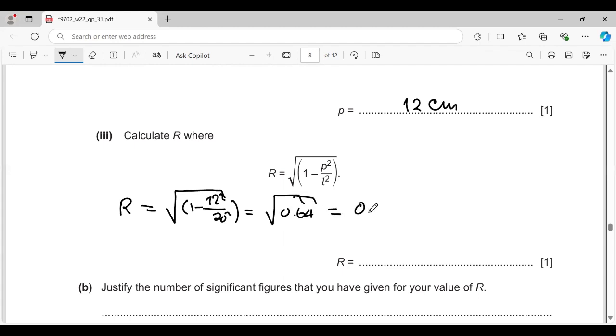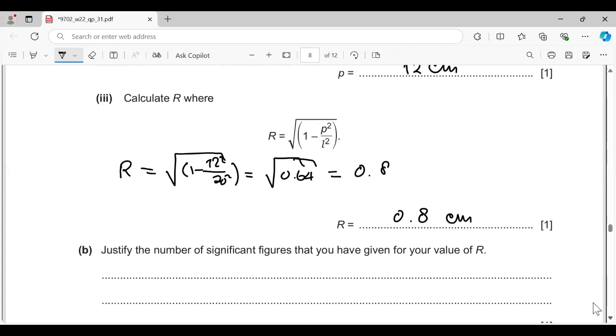It is 0.8. Justify the number of significant figures that you have given for your value of R. So this is 0.8, one significant figure.